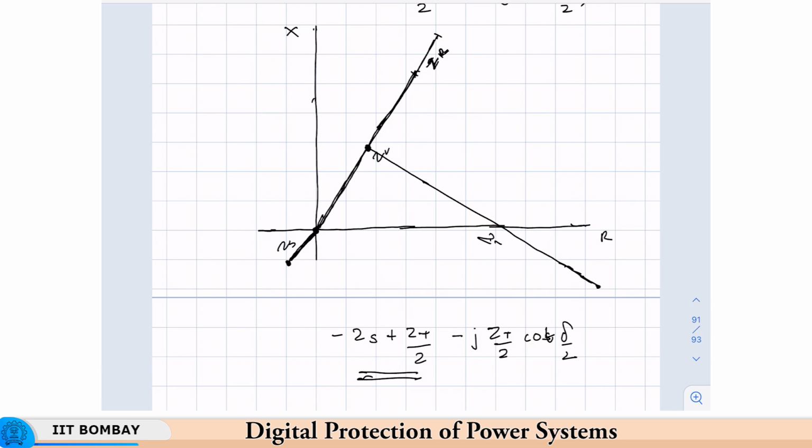This is Zt by 2 cot of, sorry, again I have written cos, it is cot of delta by 2. Okay. So, this is the point, the apparent impedance as will be seen by the relay here. Okay. So, we will just join it and see what it is.